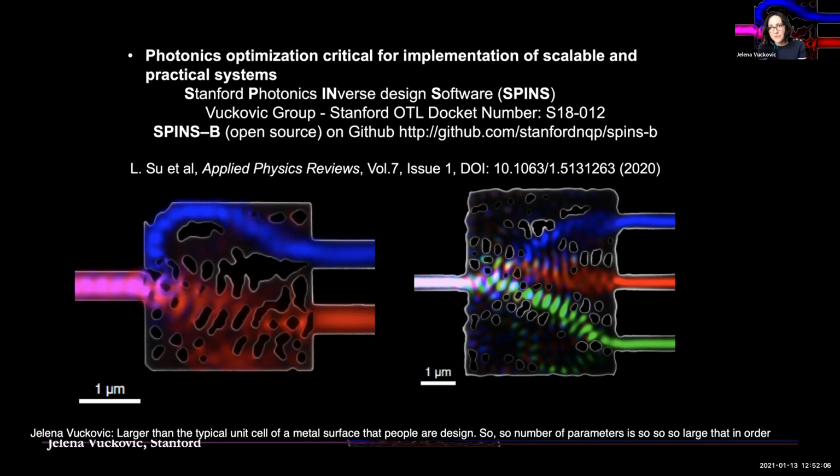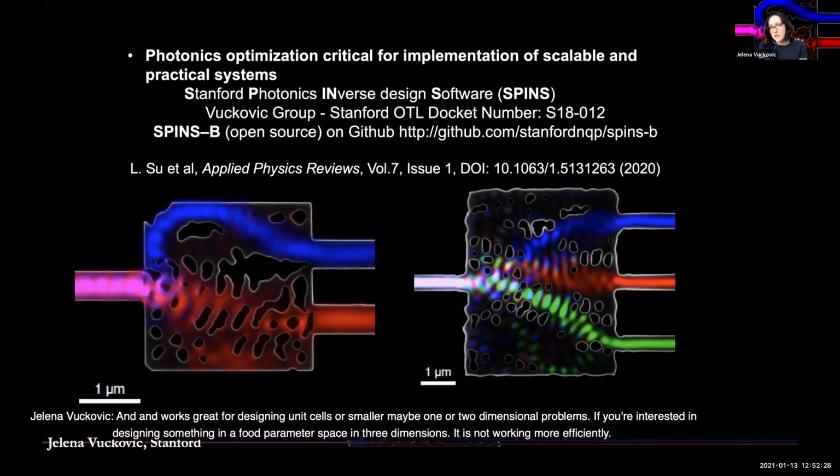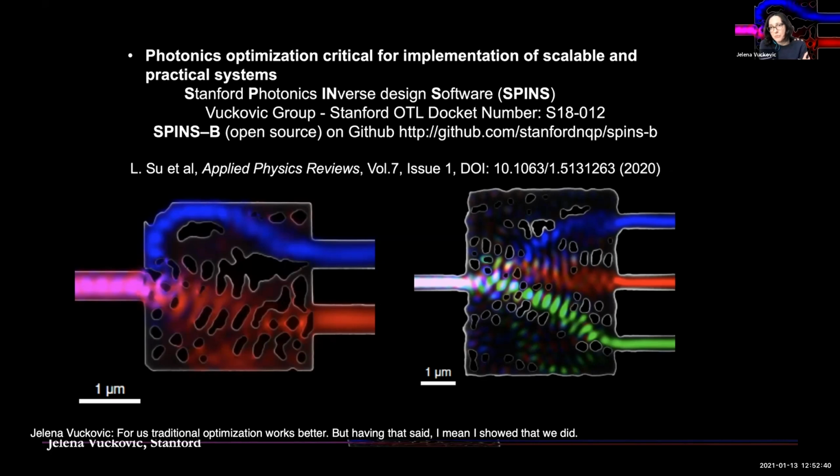So the number of parameters is so large that to use machine learning to optimize it, you have to train your neural network with such a large set that it is not really more efficient than traditional classical optimization. While machine learning is very useful and works great for designing unit cells or smaller, maybe 1 or 2 dimensional problems, if you're interested in designing something in a full parameter space in 3 dimensions, it is not working more efficiently. For us, traditional optimization works better.